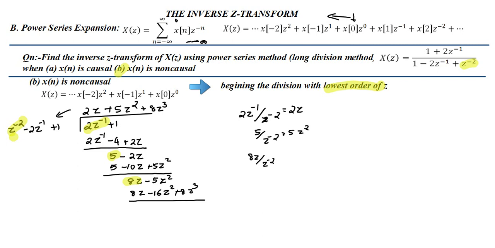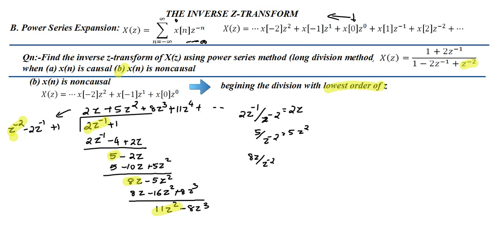Again I will subtract, I will get 11z square minus 8z cube. Again I will divide this particular term with the first term, so I can write plus 11z raised to 4. In a similar way I can continue like this.